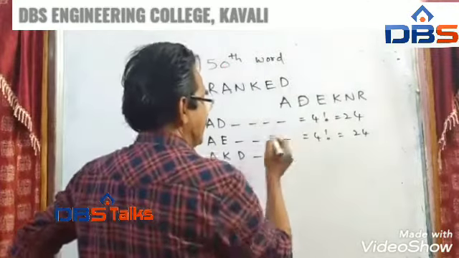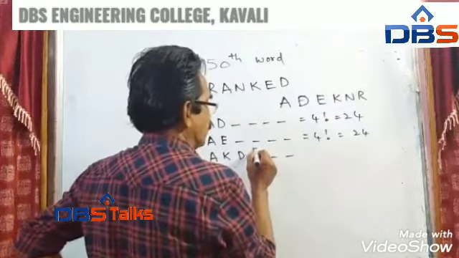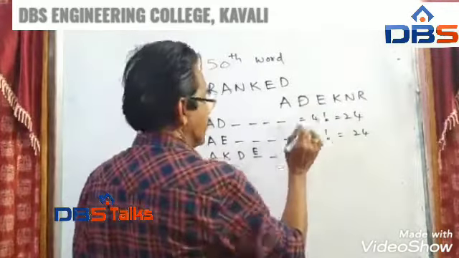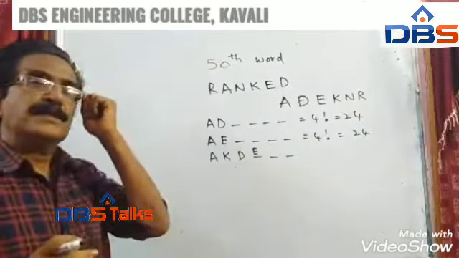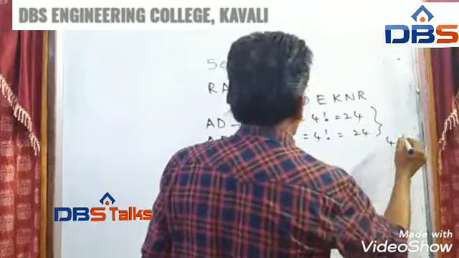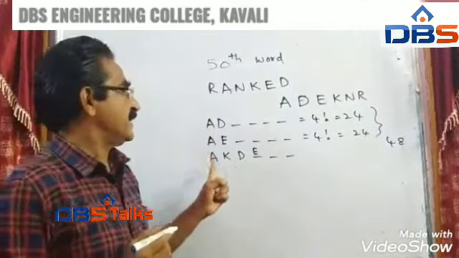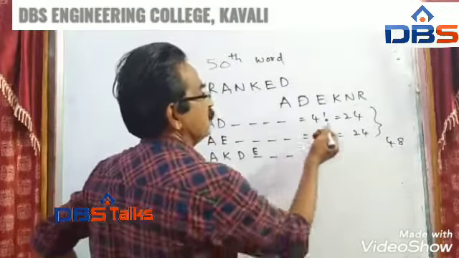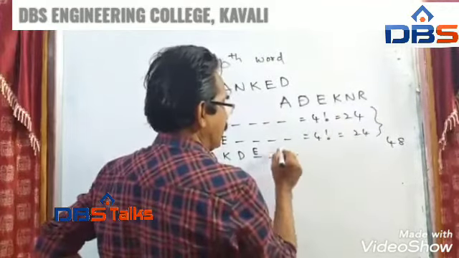So we have to fill the next letter also. AK, D, E. So here, how many, friends? 48. After filling AKDE, the last two blanks can be filled with N and R.